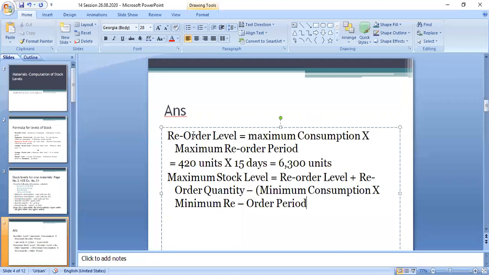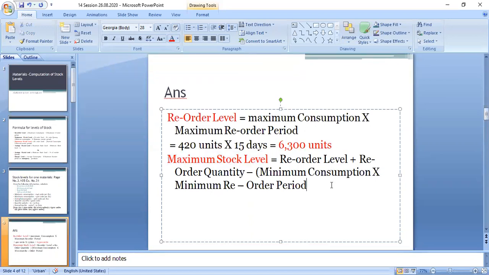So this is the reorder level. It is calculated, that answer 6,300. And the next one you have to calculate is maximum stock level. That formula is reorder level plus reorder quantity minus minimum consumption into minimum reorder period. So now we can go to the answer. What is the reorder level? We already calculated above, that amount is 6,300.